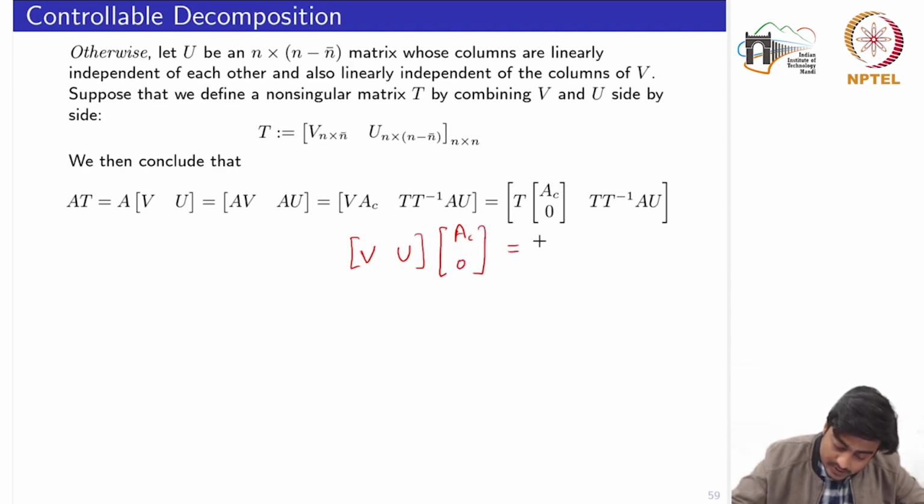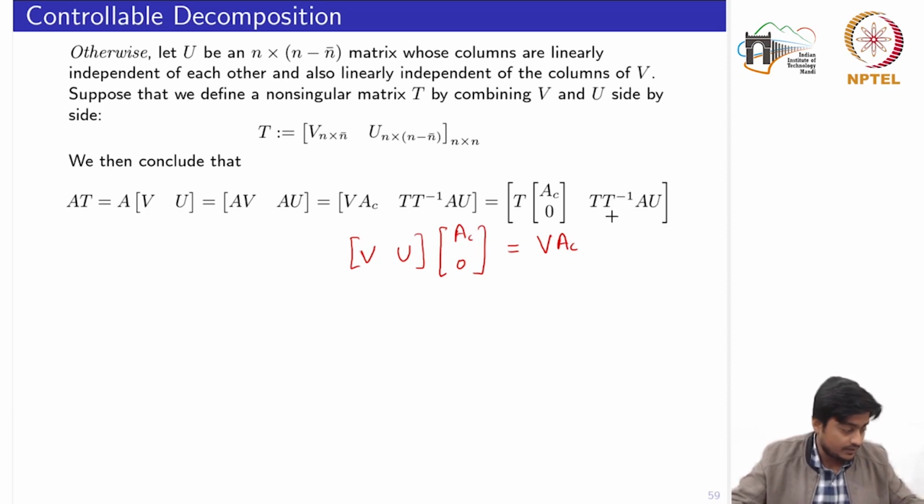So this matrix is nothing but V into AC, because U into 0 would be 0. Right? So I can write V into AC as T into this matrix AC 0, and the rest part would remain as it is. Okay, so the path from A into T to this is clear now.